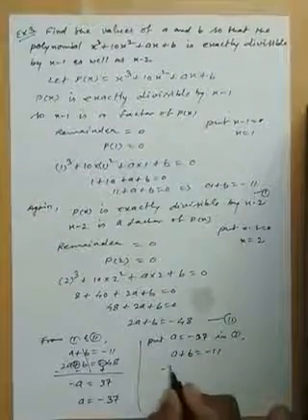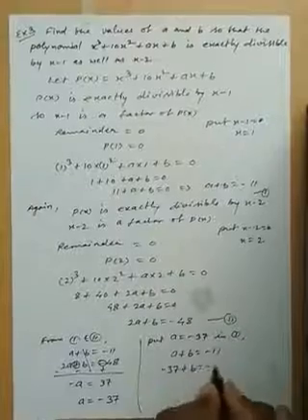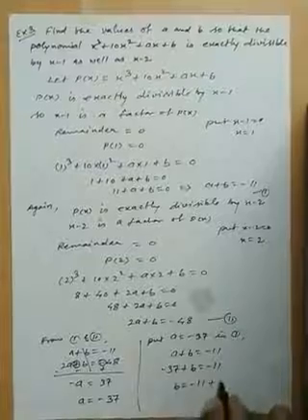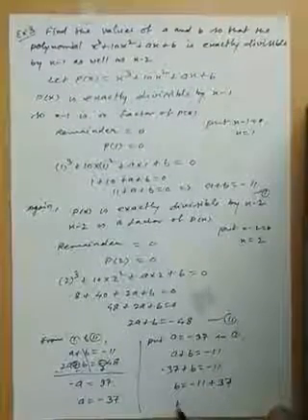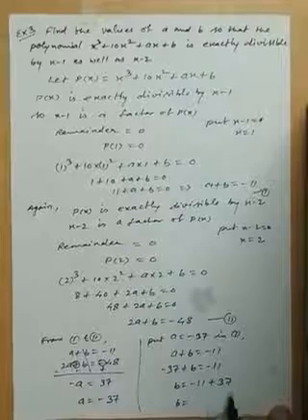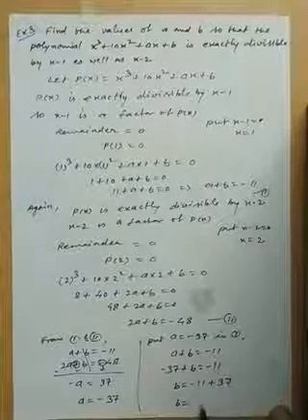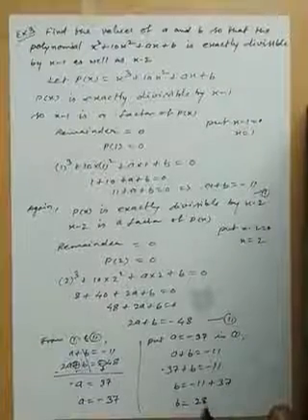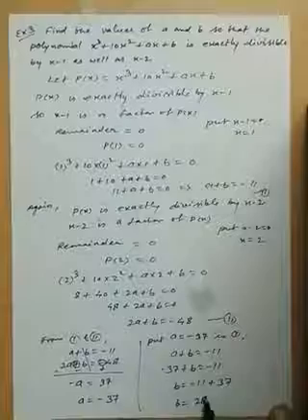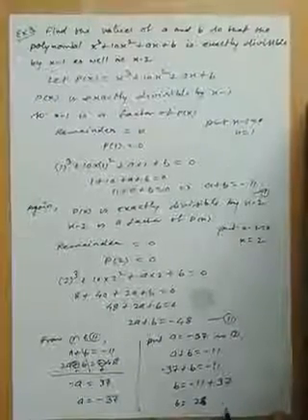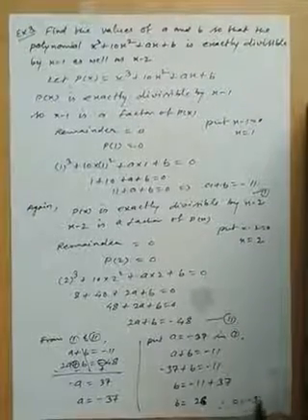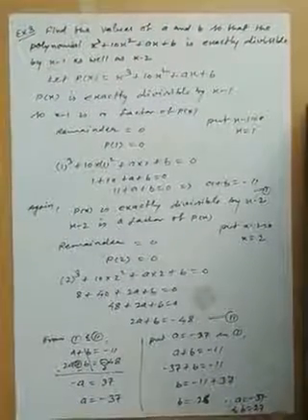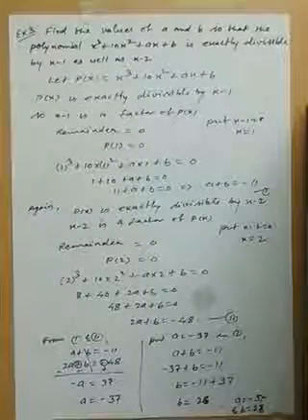In place of a, minus 37 plus b equal to minus 11, and b equal to minus 11 plus 37, and b equal to 37 minus 11 is, sorry, 26. So therefore a equal to minus 37 and b equal to 26 is the final answer.